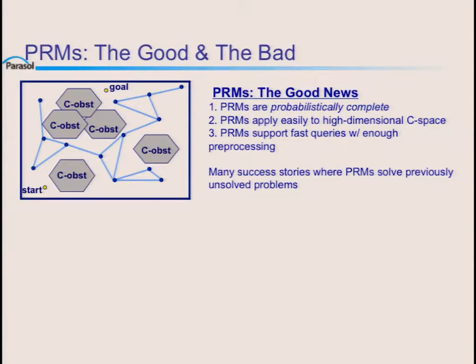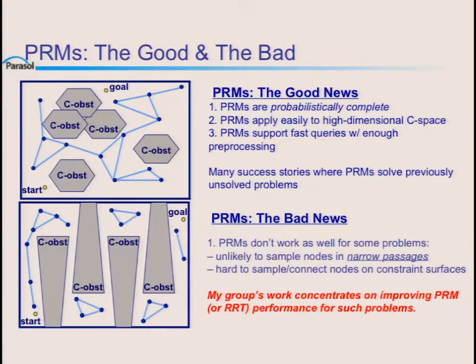But unfortunately, they didn't solve all the problems, and this little figure here can give you the intuition about what's going on. When you're just taking random samples, most of your samples are going to be in the places where the space is relatively free, where you don't really need them, honestly, where the planning is easier, and you don't get them in these narrow regions, the so-called narrow passages.